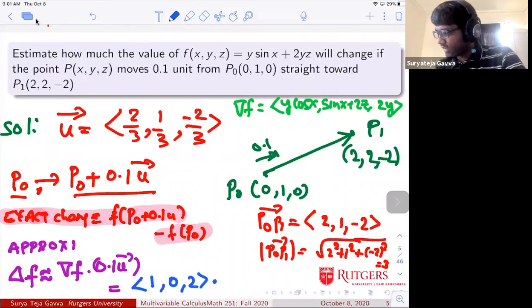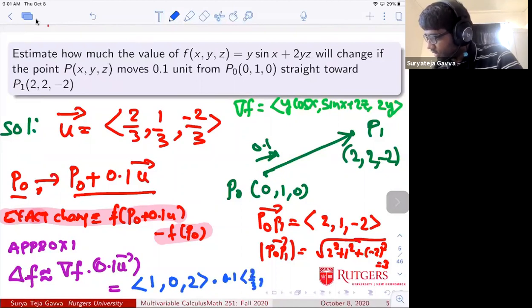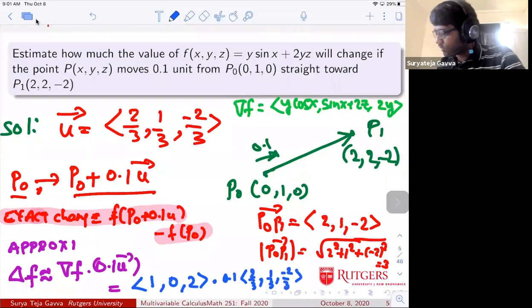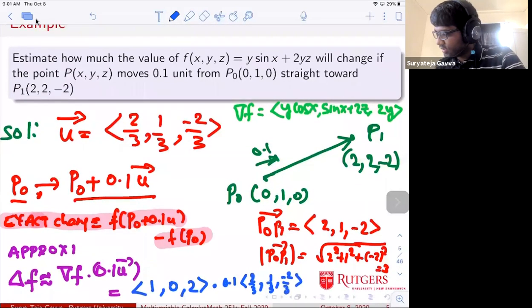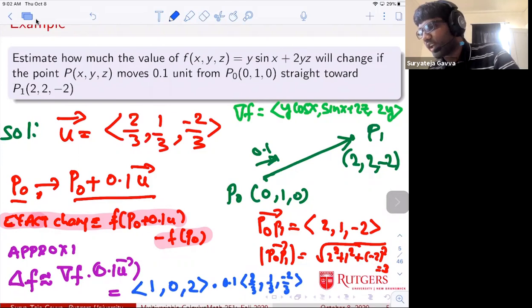Dot my vector, 0.1 times 2 over 3, 1 over 3, and minus 2 over 3. So if I take the dot product, this is 2 over 3 times 0.1 minus 4 over 3 times 0.1, so it's minus 2 over 3 times 0.1. Can you tell me what this value is?